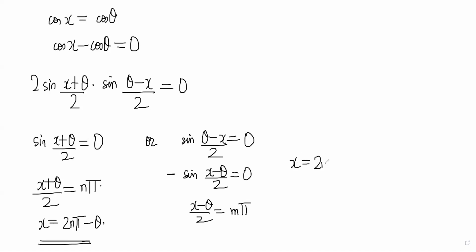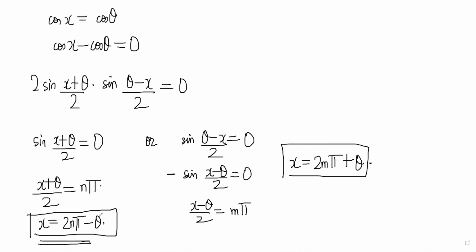Do you understand we are getting this now? So one set of solutions is even multiple of pi minus theta and one set of solutions is even multiple of pi plus theta, right? So therefore the answer for this was written as x is equal to 2n pi plus minus theta.